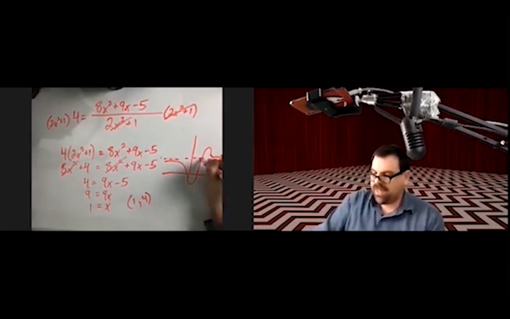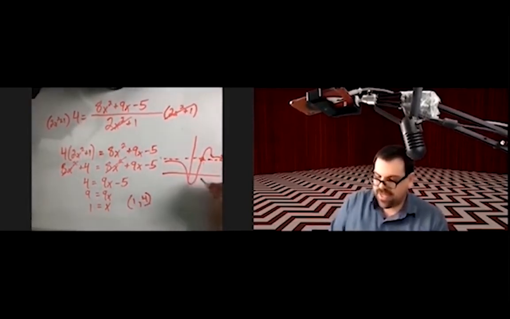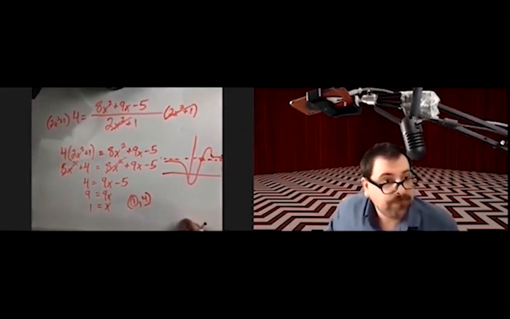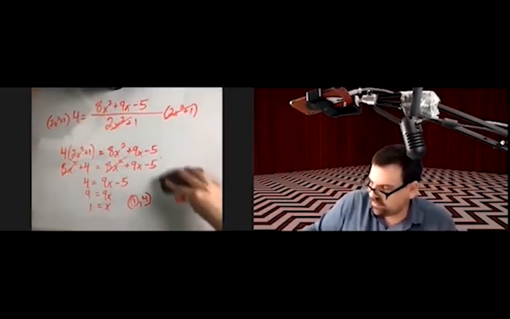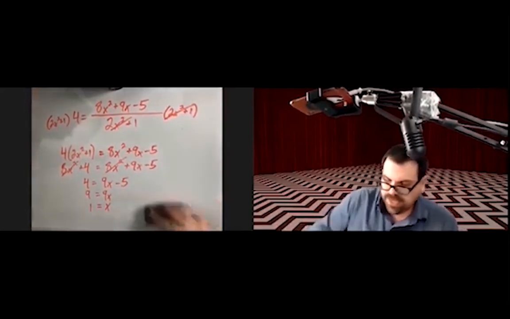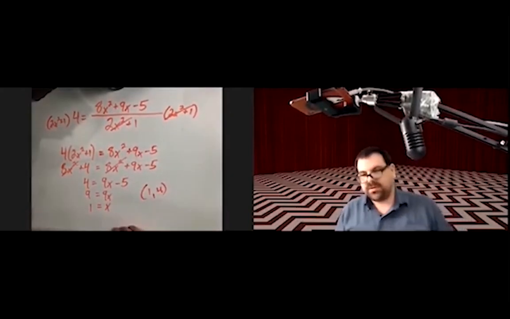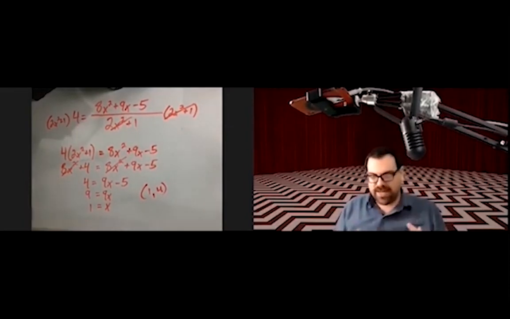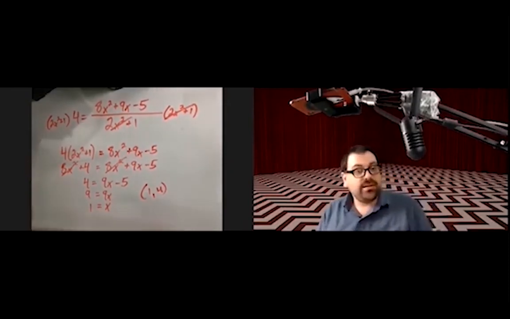See, it'll cross it at y equals 4, and we just solved to find that that x value would be 1. So the point is (1, 4). Okay. Graphing right now, not important. Being able to find that point, though, that is important. Find the horizontal asymptote, and if it asks you, hey, what point does it cross that? Set it equal to the number, solve to get the x value.